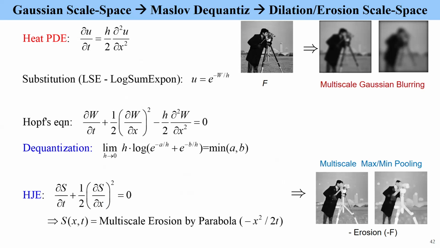And now, if we do this dequantization process, where we take this H parameter from the Gaussian PDE, the heat PDE, and introduce a new parameter U equals e to the minus W divided by H, and consider Hopf's PDE, using dequantization we end up with the Hamilton-Jacobi equation, which actually models multi-scale erosions by parabolas.